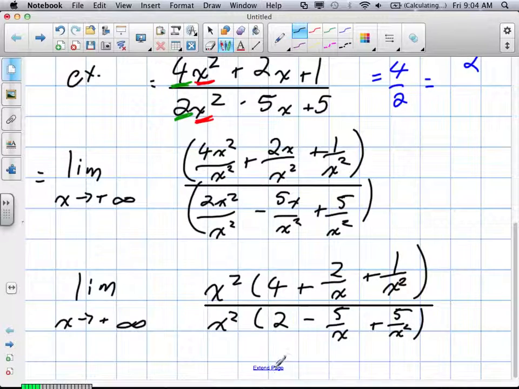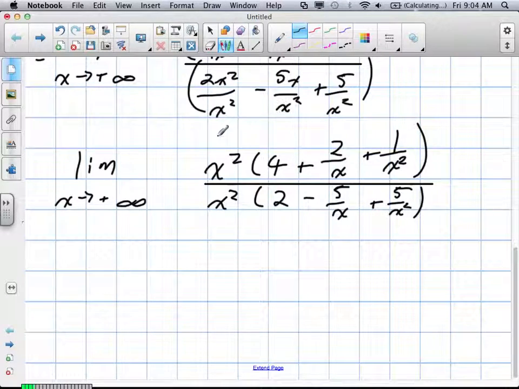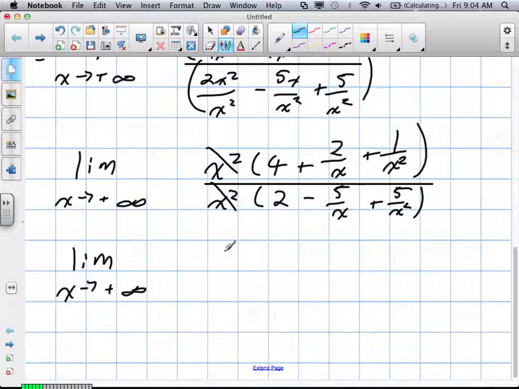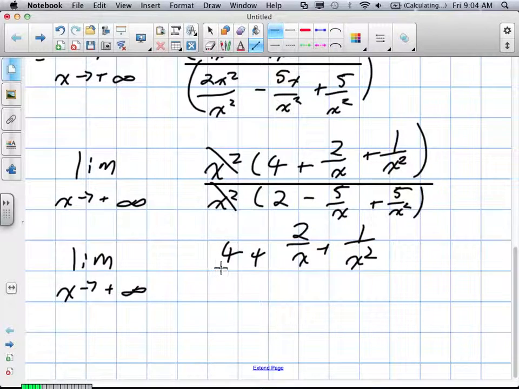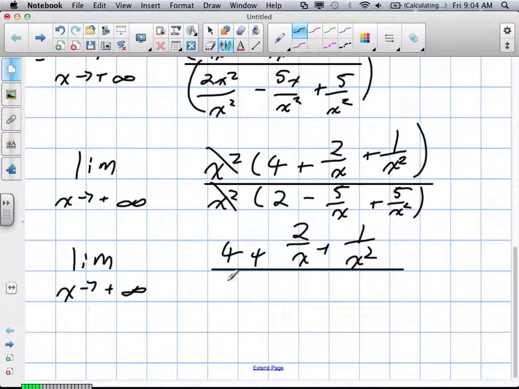Now from here we're going to simplify a little. Our x squared and our x squared will cancel each other out. So we're left with 4 plus 2 over x plus 1 over x squared divided by 2 minus 5 over x plus 5 over x squared.